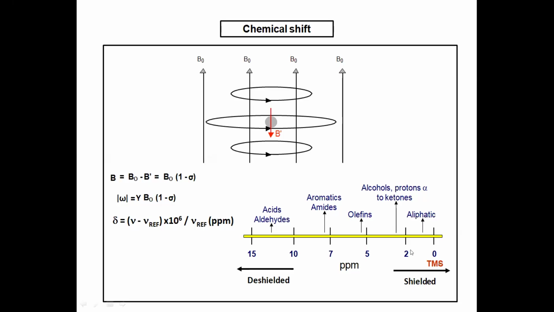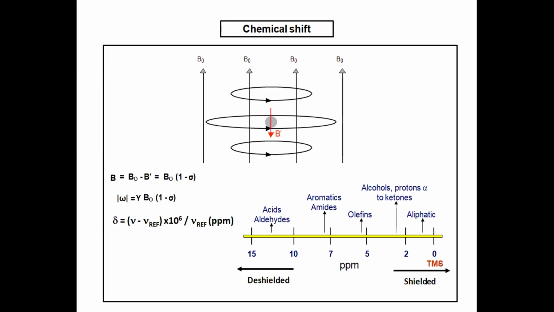For example, the chemical shift for the proton ranges from 0 to 15. On the 0 side there is a higher magnetic field strength, whereas on the 10 to 15 side, if you move away from 0, the signal is de-shielded. So acid anhydrides, aromatic amides, and alkenes are far from 0.